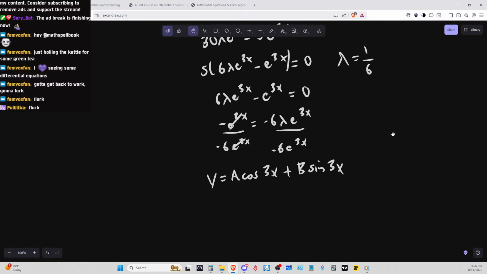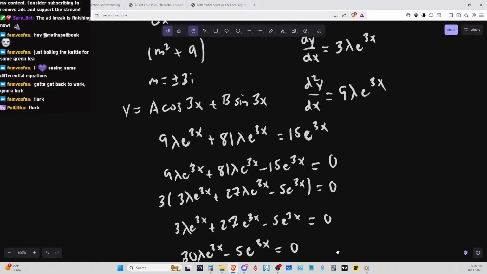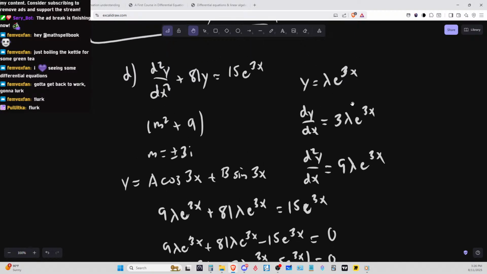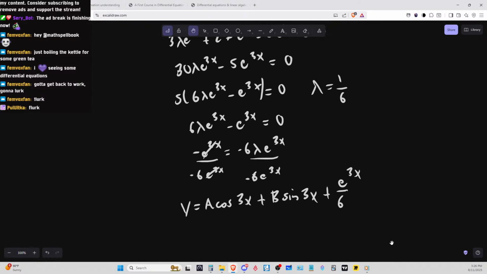Then we have to add, not cosine, e to the 3x. Okay. Because the y is supposed to be this, so we just add that there. And I'm going to double check to see if that is the correct solution.